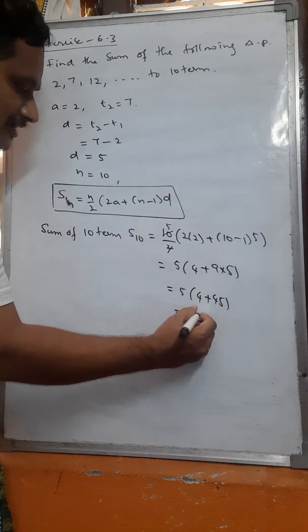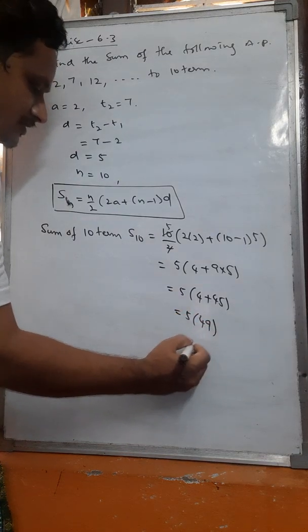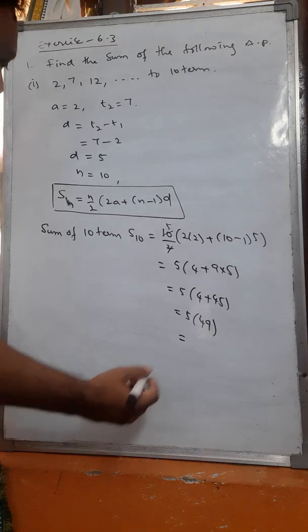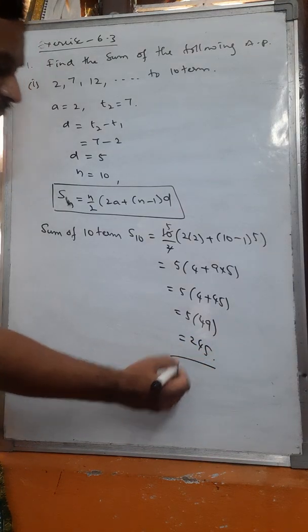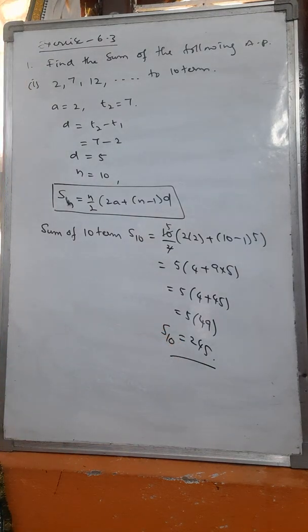So 5 into 49, that is 245. So S10 is equal to 245.